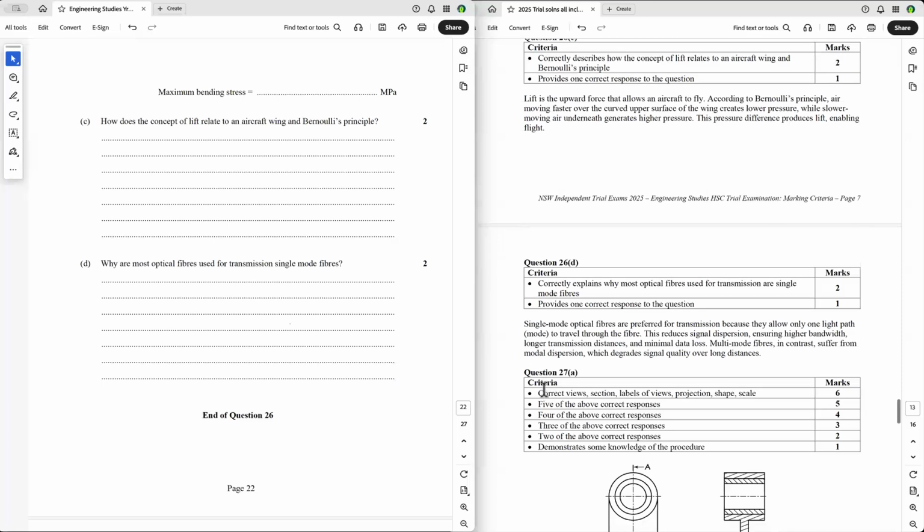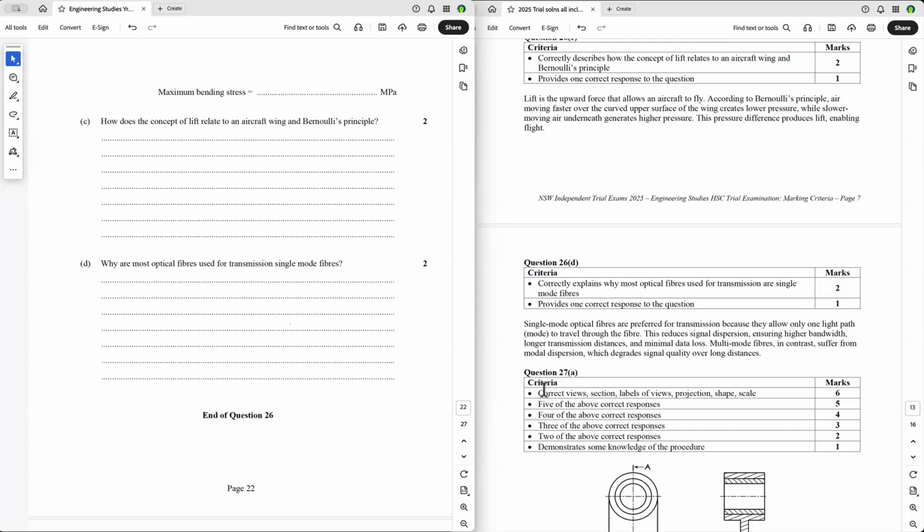Next question, why are most optical fibers used in telecommunications single mode fibers? Look, single mode fibers are used because they require less boosting and they allow for only one light path to travel through.